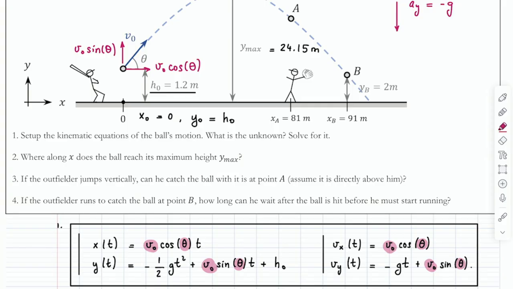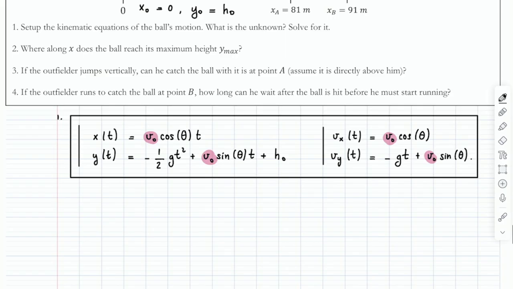And so that's why the question says, well, what is the unknown and can you solve for it? Now the unknown is not theta. Theta is 45, so we're cool. Now the unknown is v0. We have to solve for it. So v0 is unknown. That first answered that question.